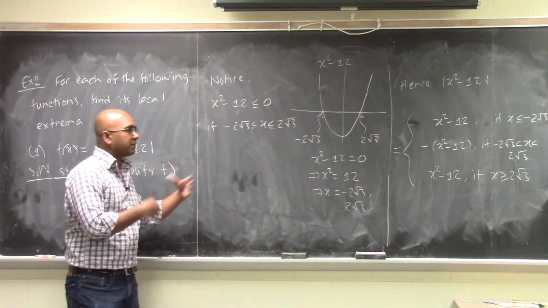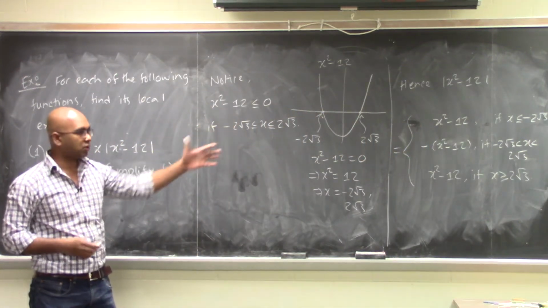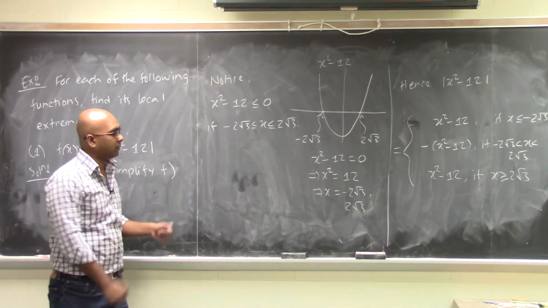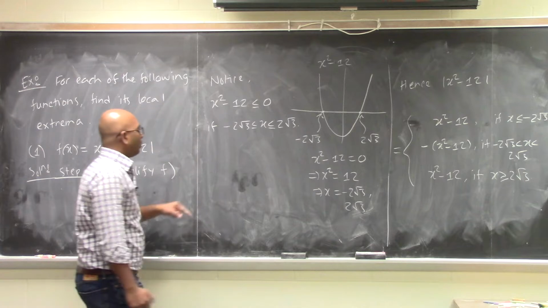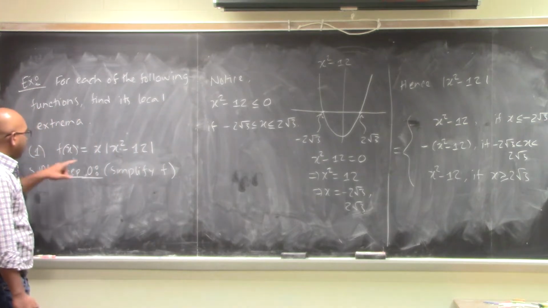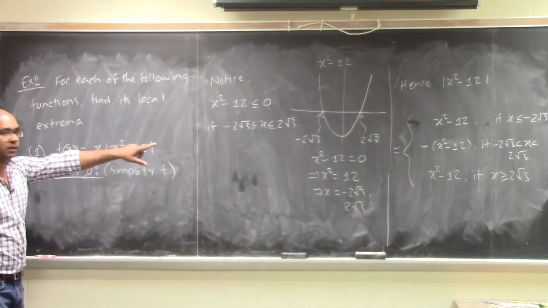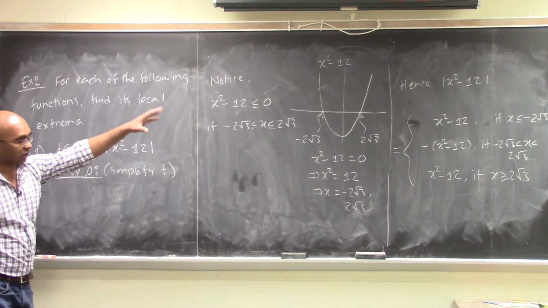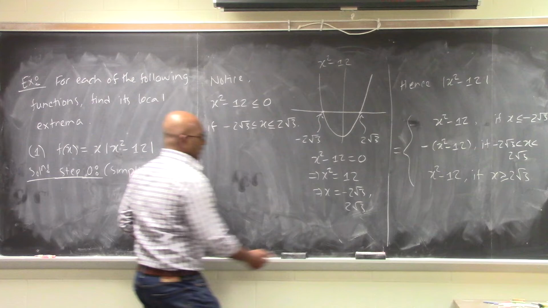Okay, so we have just written absolute value of x squared minus 12 as a piecewise defined function. That's it. All right. Now, what is our function? Our function is x times this guy. Therefore, f of x is going to be x times this, those three pieces.